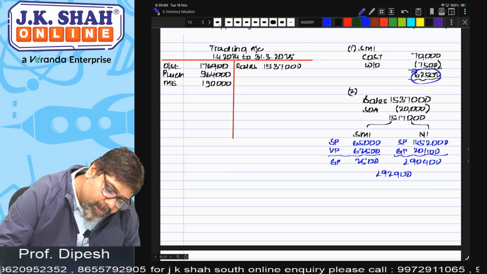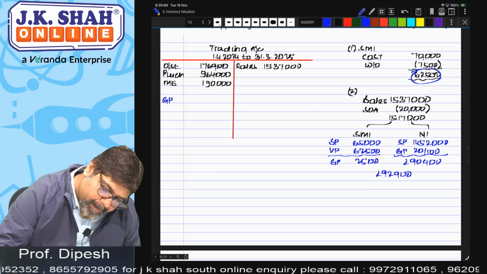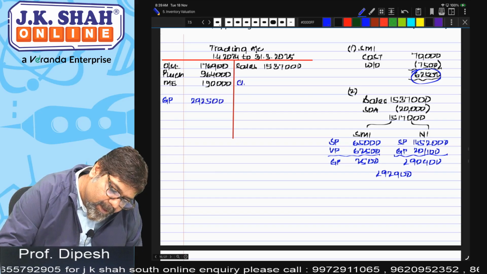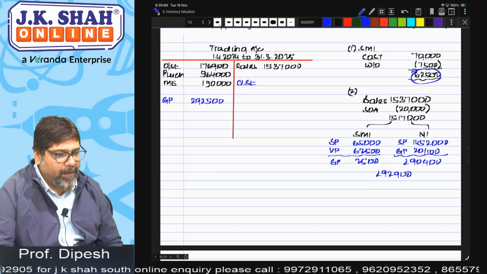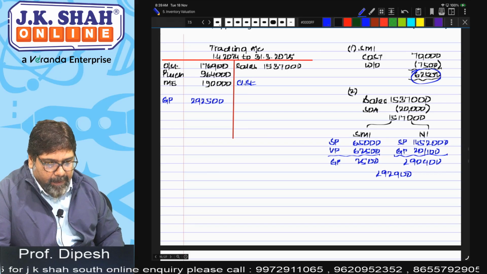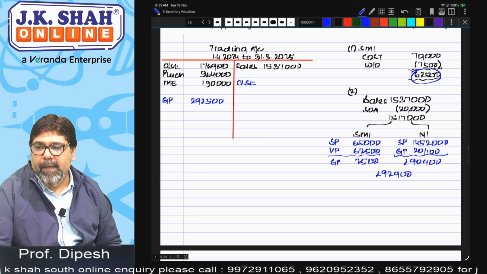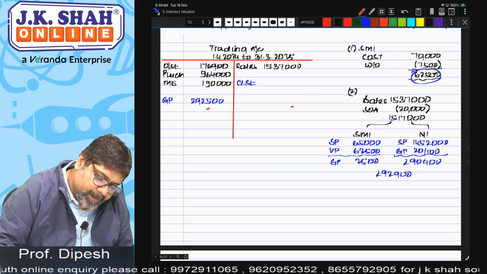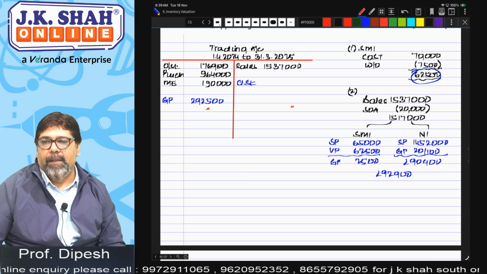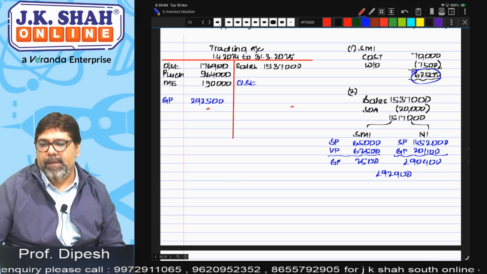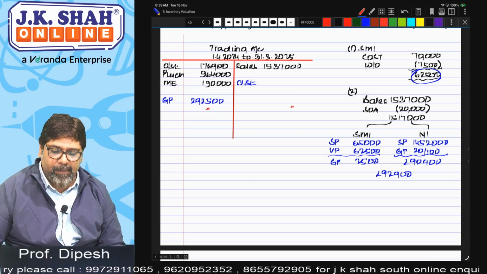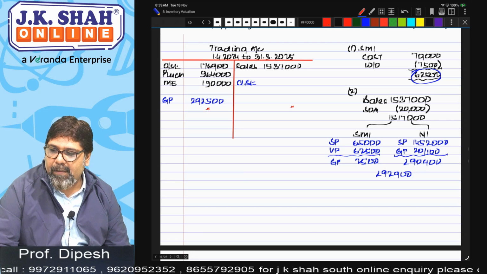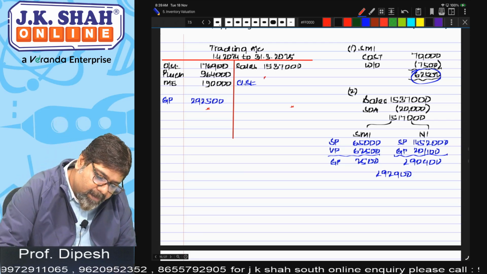So gross profit is how much? 2,92,500. So closing stock is a balancing figure. Tell me. Closing stock is a balancing figure. Tell me. 2,92,900. Huh? Closing stock यहाँ का balancing figure.